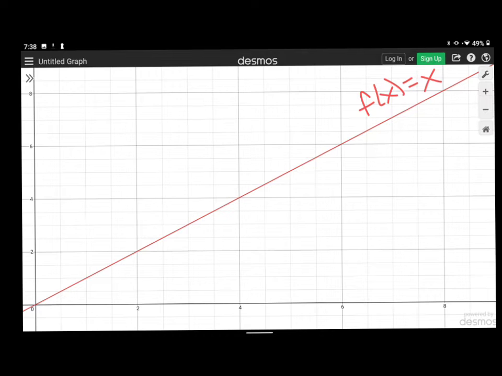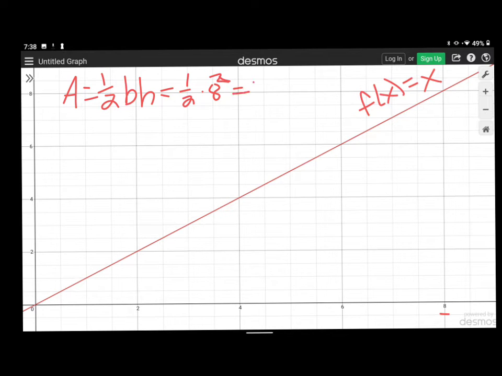Now, we know what the area under this curve is, and we can find this. This is just a triangle. So we can find the area of this, just because it's a triangle, by 1/2 base times height. In this case, this would be 1/2 times 8 times 8, or 1/2 times 8 squared.